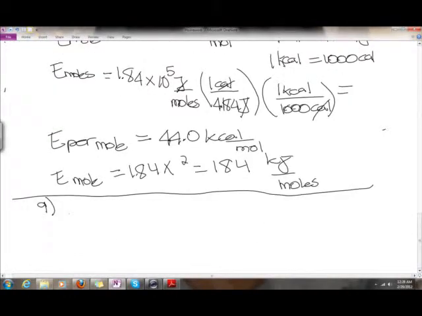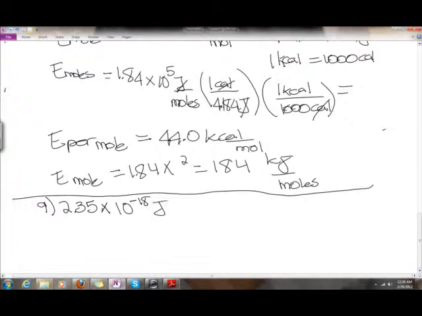Okay, and number 9, they're telling you to compare both, and they said that the minimum energy absorbed is going to be 2.35 by 10 to the minus 18 joules.